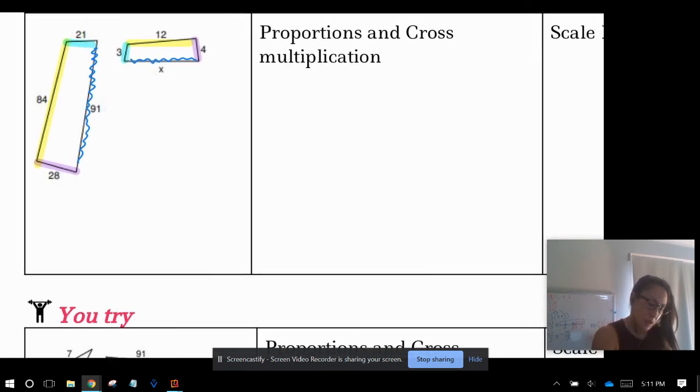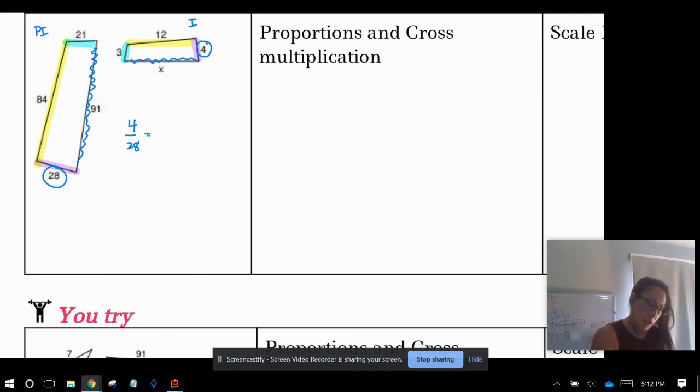What we're going to do is set up a scale factor. So I have 4 over 28. So 4, this is our image and our pre-image. You can switch them if you want and it'll still work. So 4 over 28, and this is how I'm going to test to make sure I have all the correct corresponding sides.